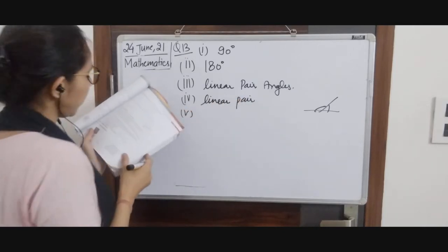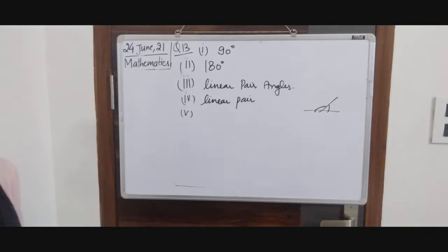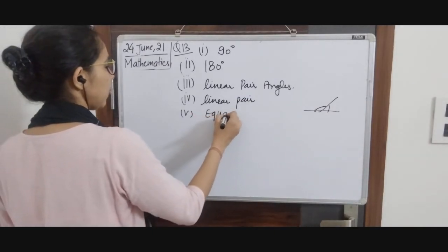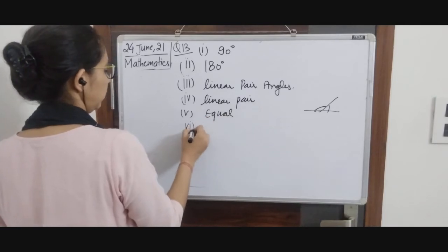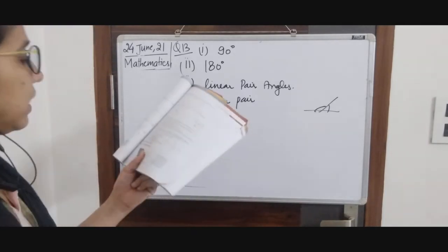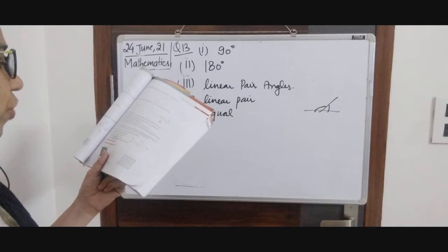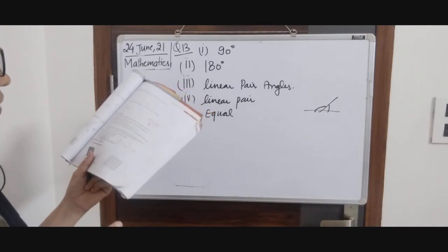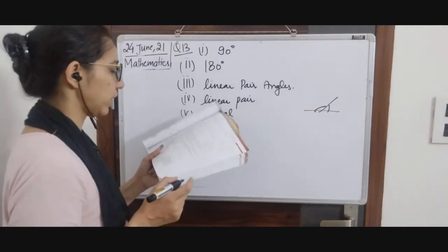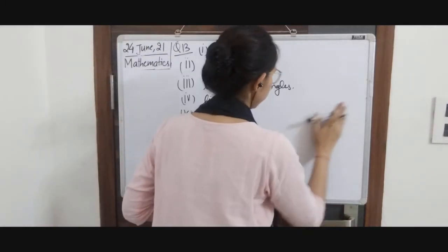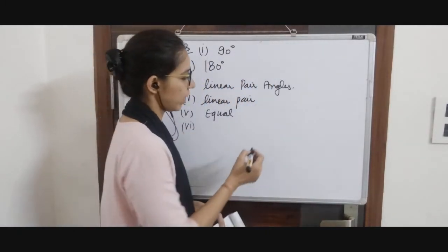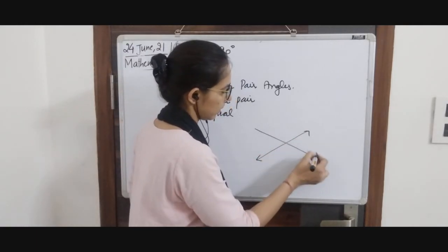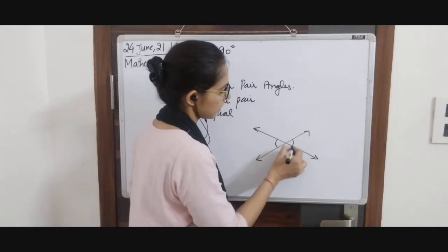Fifth one, if two lines intersect at a point, then vertically opposite angles are always equal. They are always equal. Sixth one is, if two lines intersect at a point and if one pair of vertically opposite angles are acute angle, then the other pair of vertically opposite angles are dashed. So we are going to check it by using a rough diagram. It is saying that two lines are intersecting. One pair of opposite angles is acute.